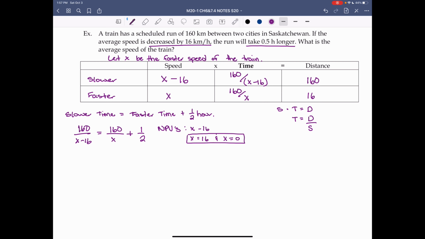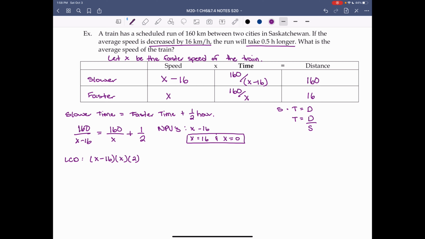We want to multiply the lowest common denominator to the entire equation. What is the lowest common denominator? Each of our denominators is different, x minus 16, x and 2. They're not multiples of each other, so the lowest common denominator would be the product of all of those denominators, x minus 16 times x times 2.